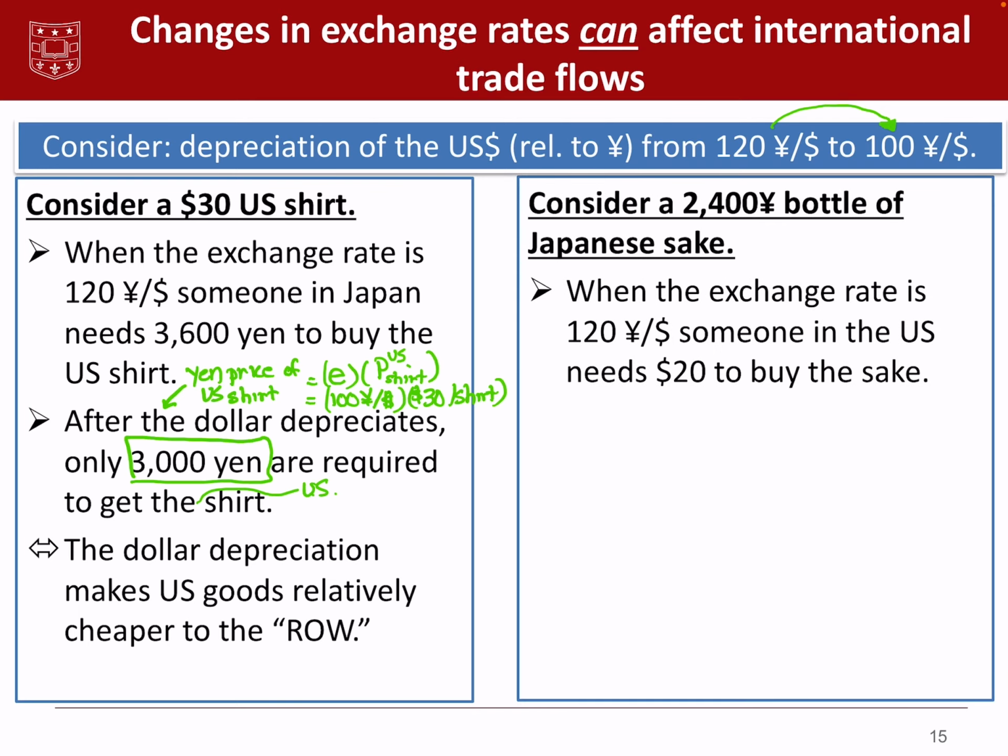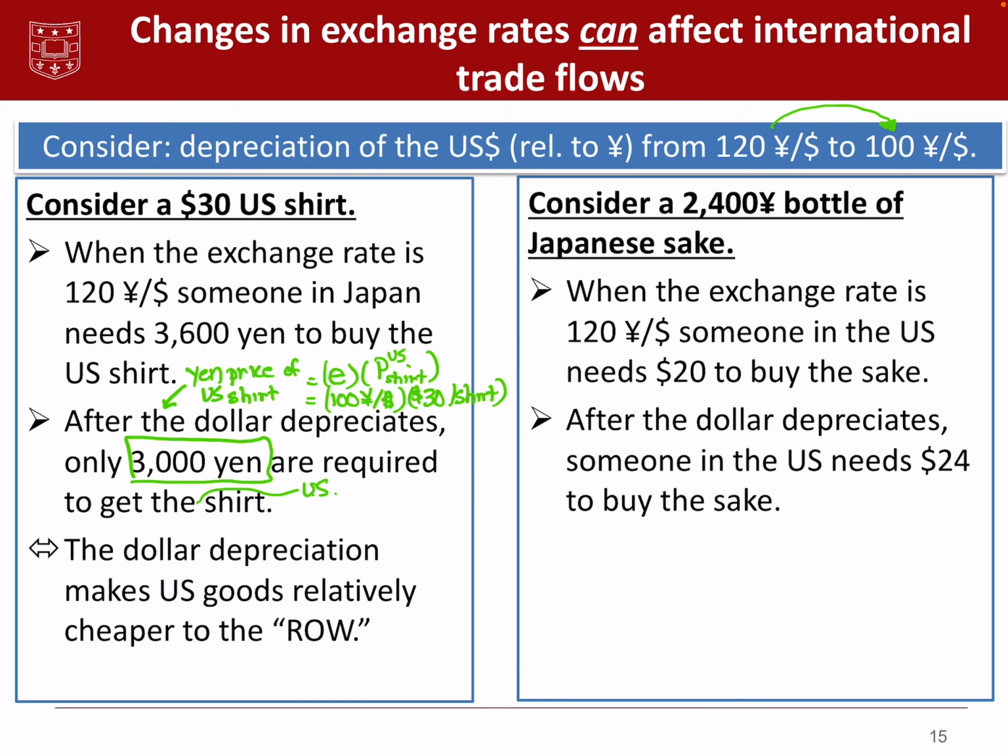Similarly, we saw that if there was this 2,400 yen bottle of Japanese sake, when the exchange rate was 120 yen per dollar, it would cost someone in the US $20 to buy that bottle of sake. But if the dollar depreciates, then someone in the US needs $24 to buy the sake.